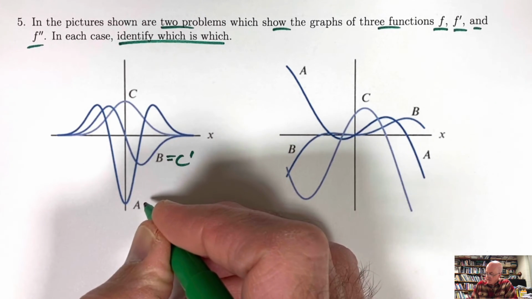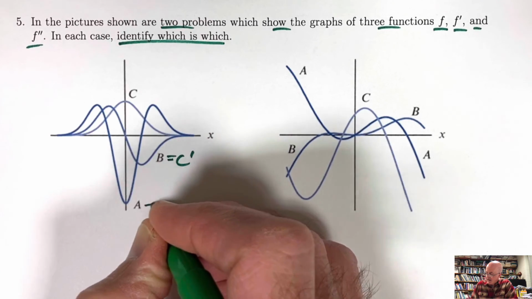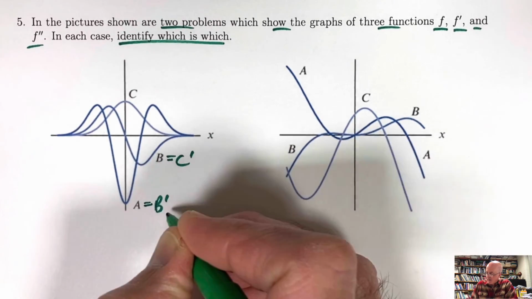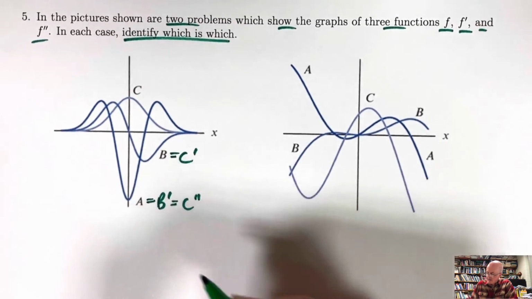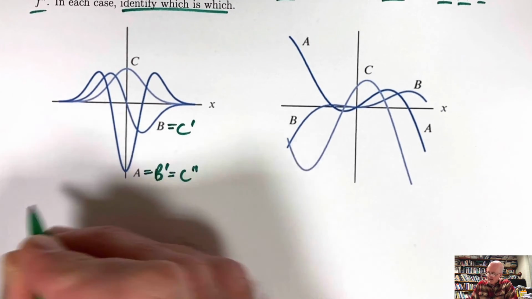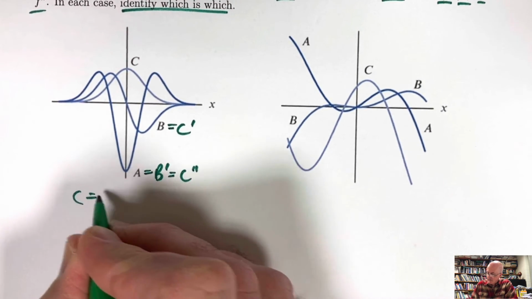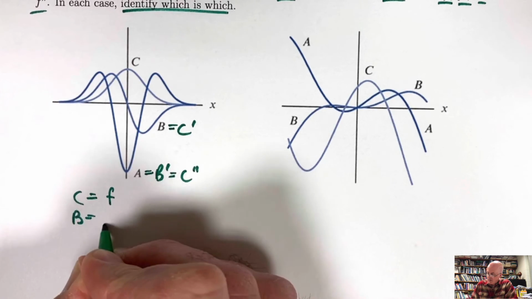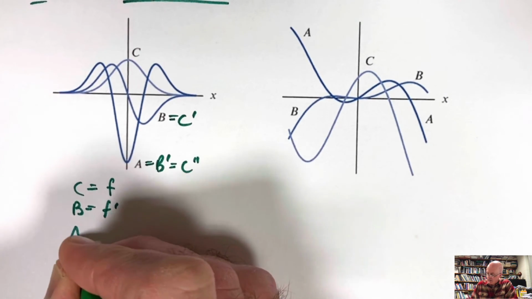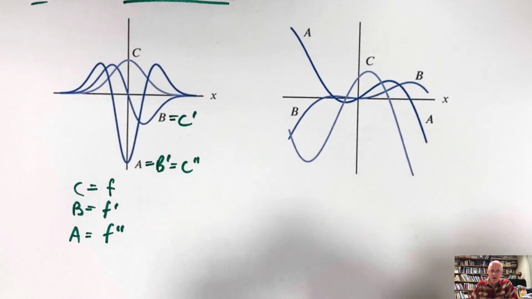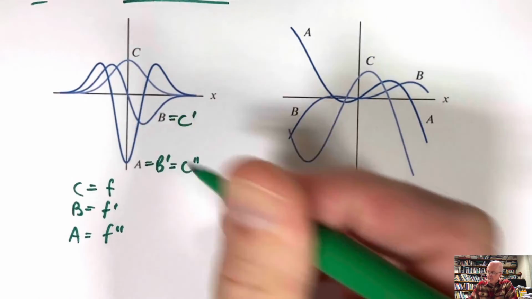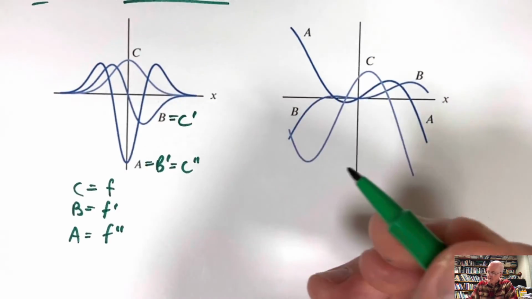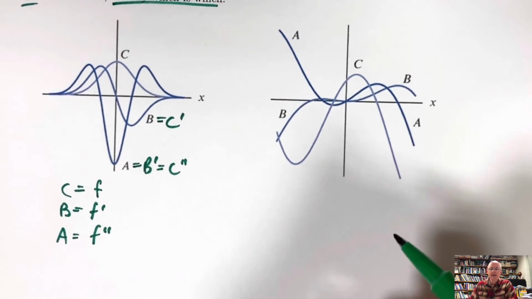So the derivative of B looks to be A. And that would be also the second derivative of C. So, again, using sloppy notation here, C equals f, B equals f prime, and A equals f double prime, okay? Using these letters A, B, and C, both for labels of the graphs and also for function names.